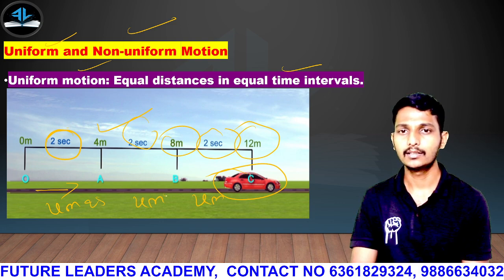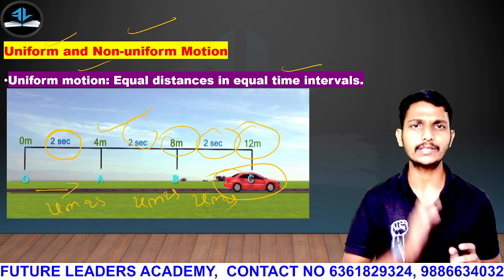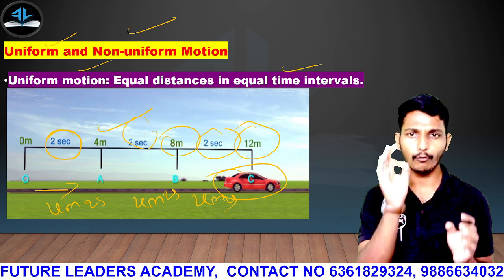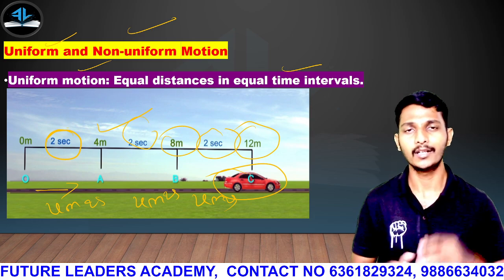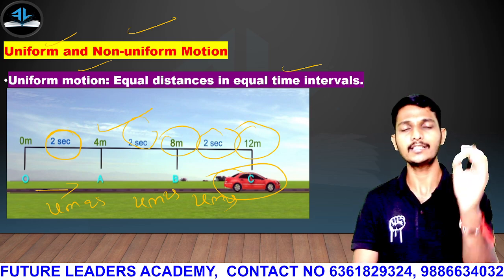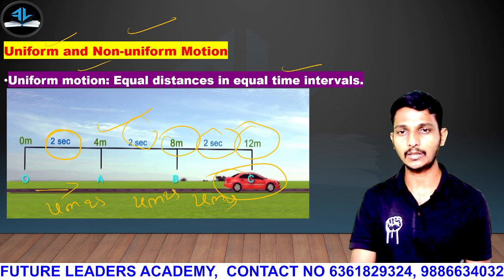The given time is an equal interval, 2 seconds only, and it covers 4 meter each time. So we will call that, guys, uniform motion. Uniform motion means equal distance in equal intervals.